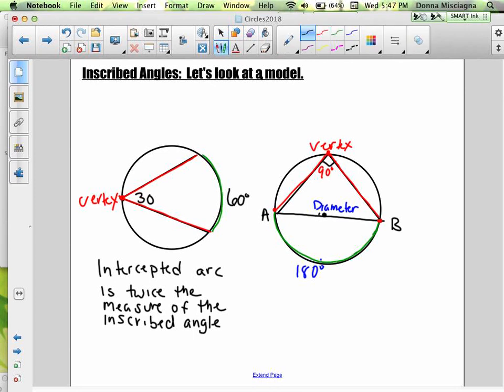Well, it seems that the inscribed angle, so if I take 180 and divide by 2, that would be 90. So the inscribed angle is half the measure of the intercepted arc.